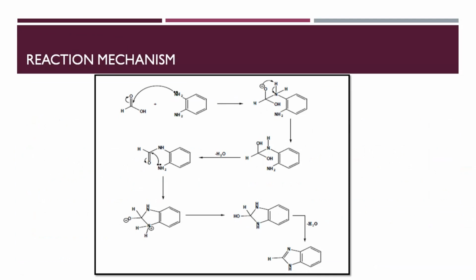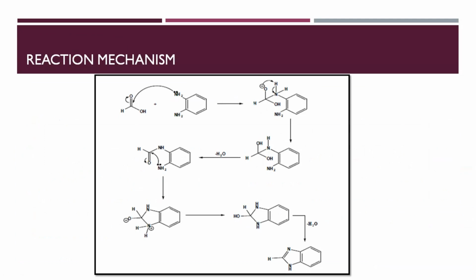Again, nitrogen is more electronegative, so the electrons will be attracted towards the nitrogen. And oxygen having the negative charge is going to attack the hydrogen. So you can see overall there will be the elimination of the water molecule, that is H2O.